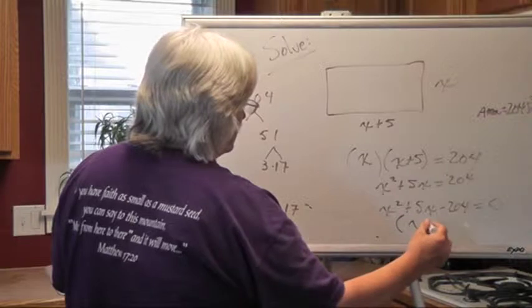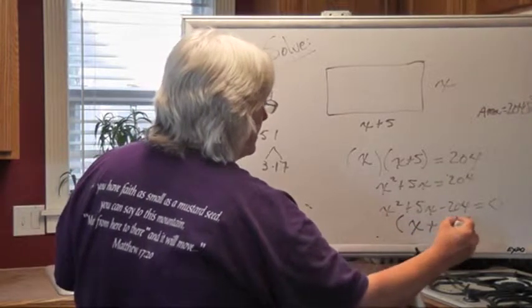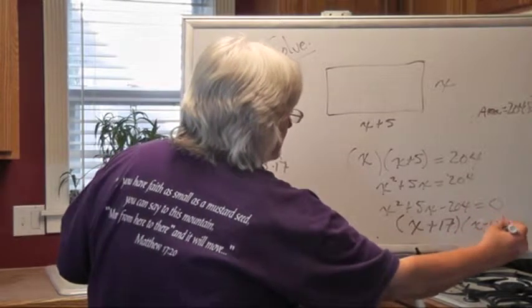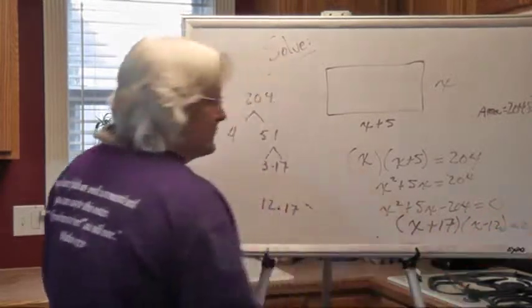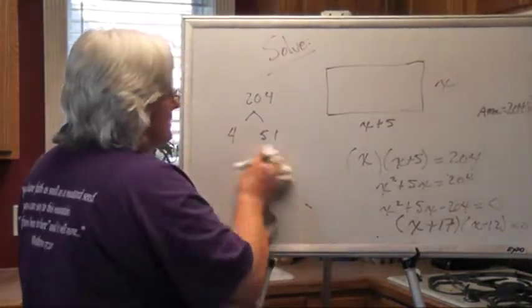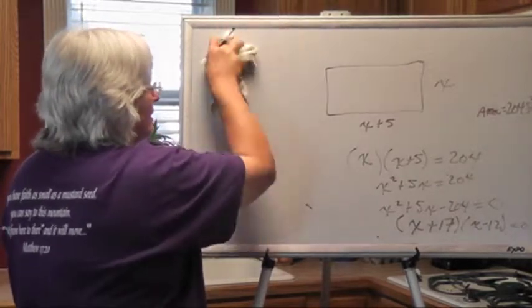So we have x plus 17 times x minus 12 is equal to 0. Can you see that? Multiply the first terms together, you get x squared.